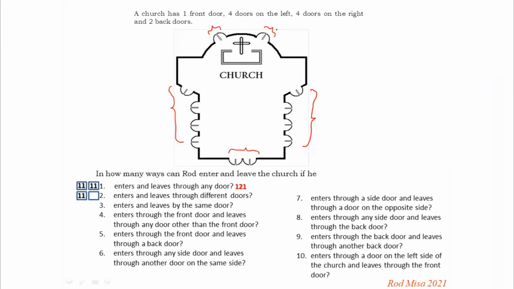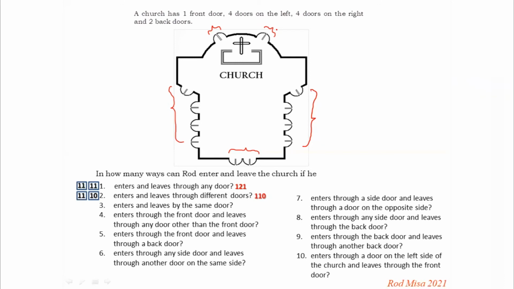But for his exit, the door that he used for entering the church cannot be used as his exit door. So he is left with 10 doors only. So multiplying these numbers, we get 110 ways if he enters and leaves the church through different doors.